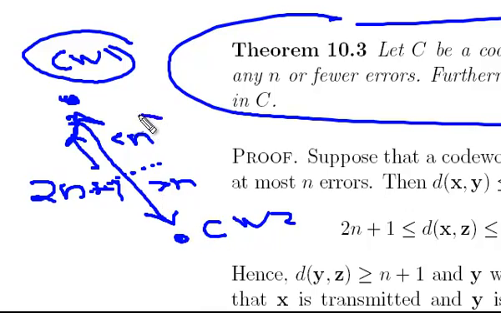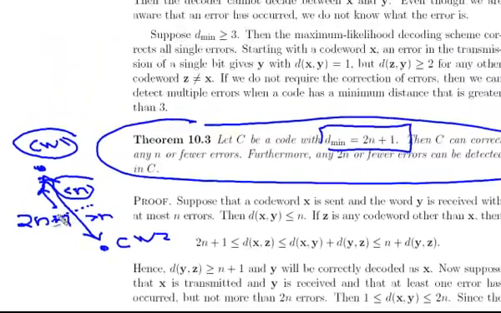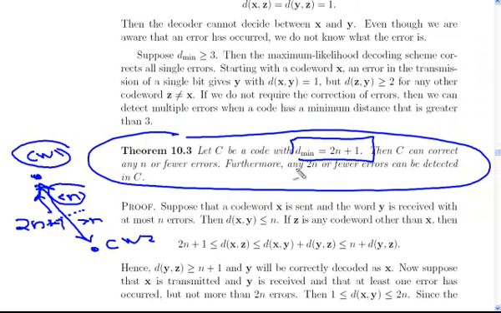But fewer than n errors means I'm within this, and the fact that the minimum distance is 2n plus 1 means that there's a bubble around code word 1 of radius n, such that there's no other code word within n of these points.